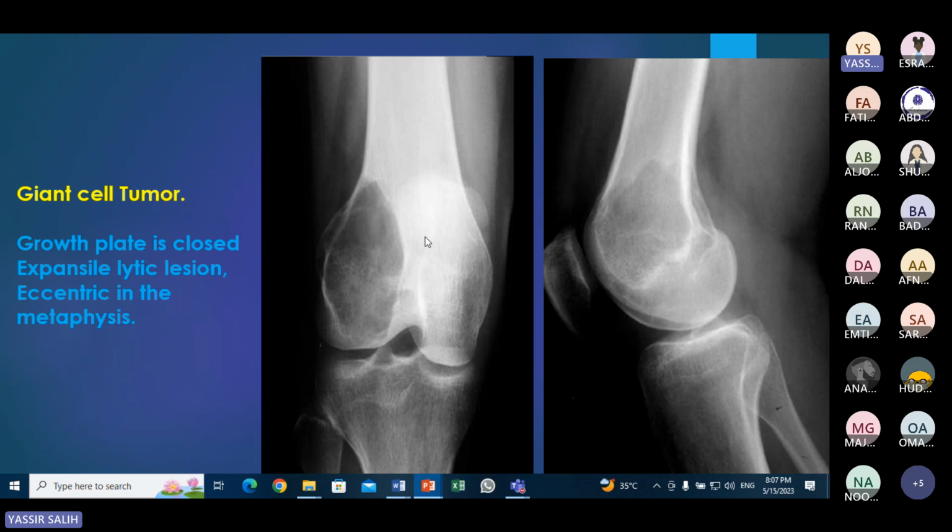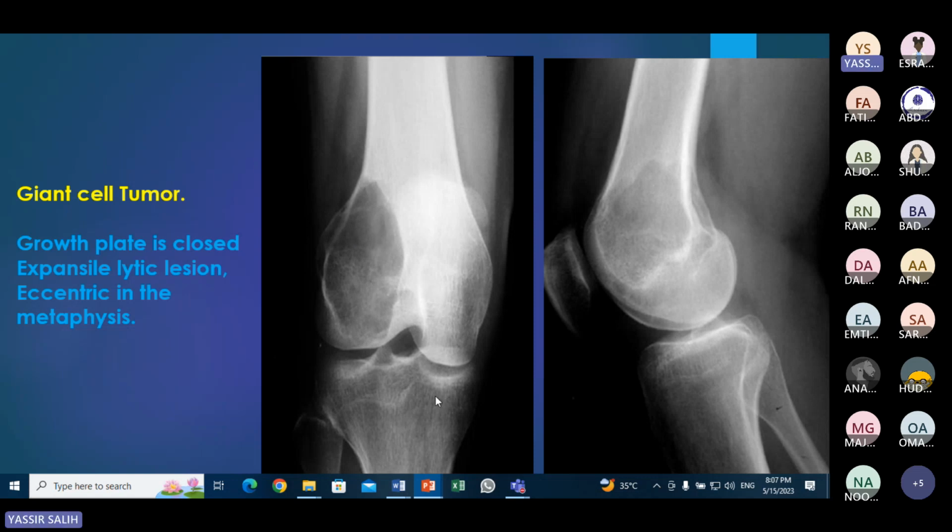eccentrically located, not in the center, in the metaphysis, subarticular. The most important word is expansile, meaning the lesion is dilated. Lytic lesion, black, expansile.